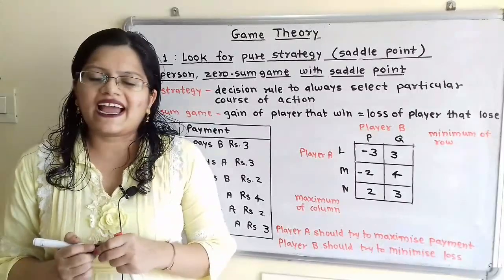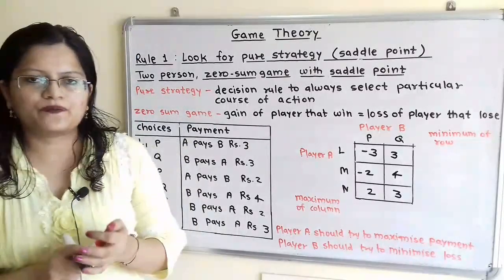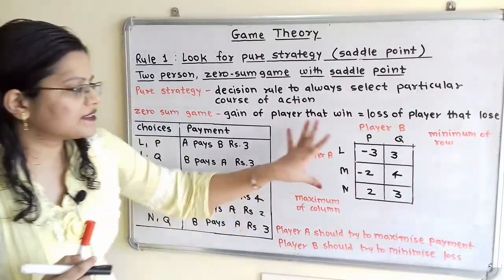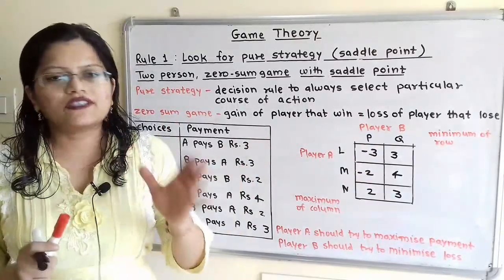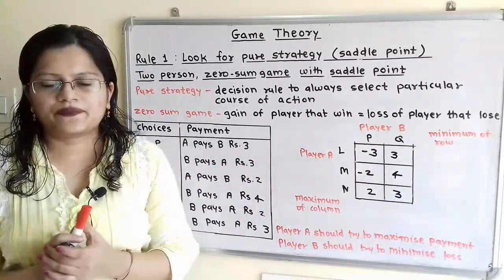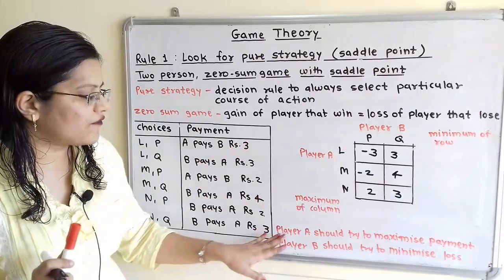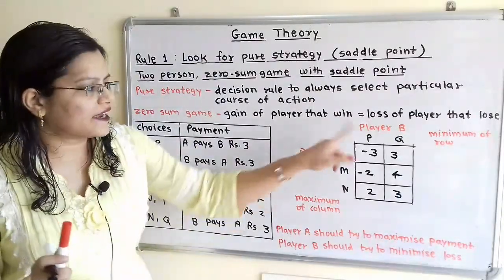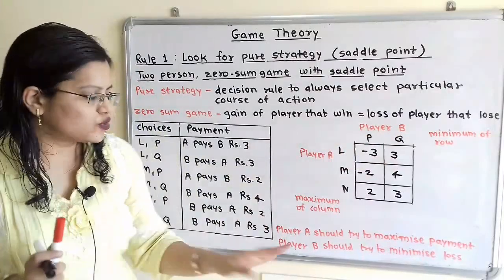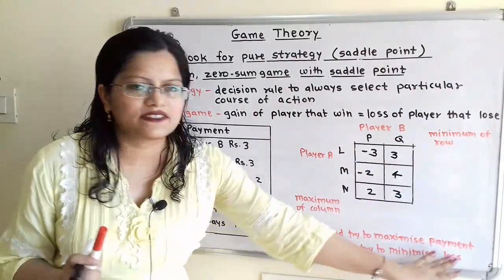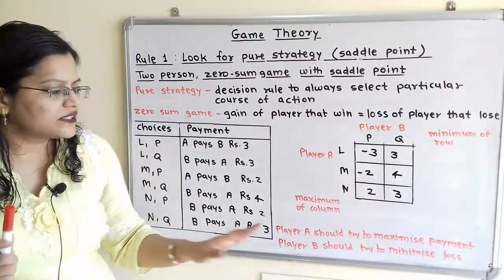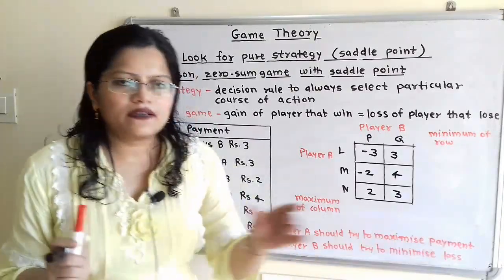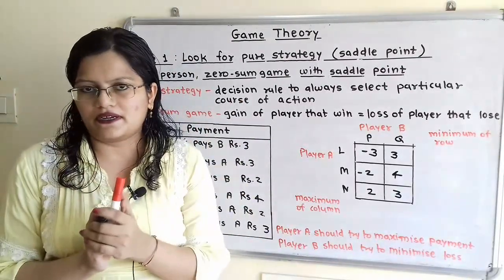Now again we have to apply one rule. So here in this game theory, first player is the player A and player A should always try to maximize the payment, while second player, that is player B, should always try to minimize the loss. So this maximize payment amongst the minimum payment.